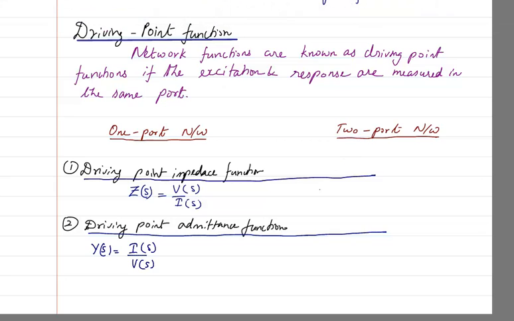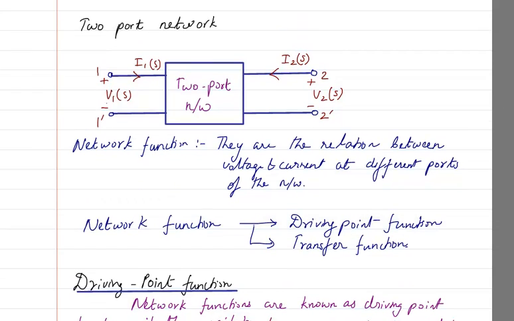Now for the case of a two-port network, there are two ports, isn't it? There is a port 1 and there is a port 2. The ports are 1 dash and 2 dash. So the input port will have V1 I1 and the output port will have voltages V2 I2.